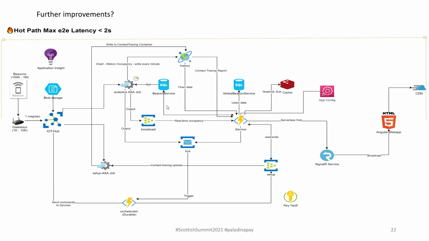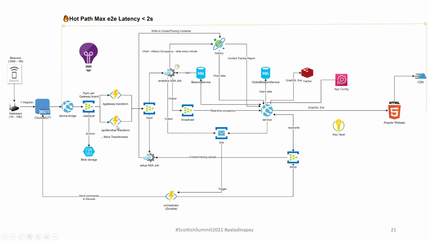So we got in contact with Microsoft, worked out what we could do, and pushed them to make the dedicated cluster available as soon as they could. And same for the C# custom deserializer. With those functionalities, we are able to save 3 or 4 different hops from the Cloud MQTT to the input hub. So the IoT Hub is an input hub, and the custom transform functions are in analytics jobs.